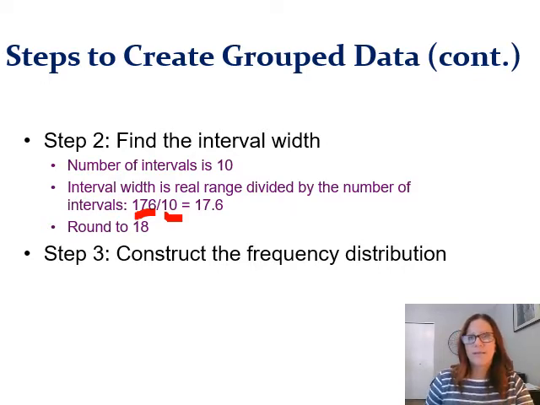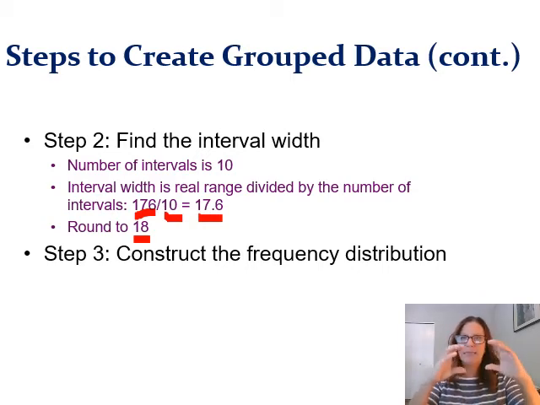So that width ends up being 17.6, but we don't want to use decimals. We want to use whole numbers. So we're going to round 17.6 to 18 because 0.6 rounds up. Now we know each interval is going to hold 18 numbers, and we can start constructing that frequency distribution.